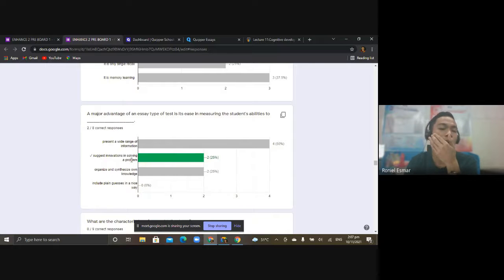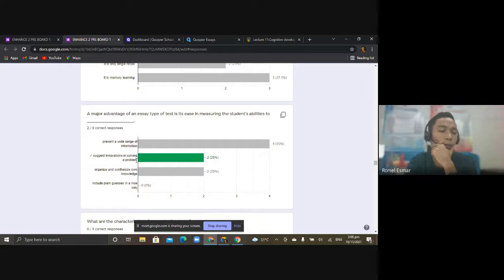If the given essay asks them to provide possible solutions to a given problem, in that way they will be able to conceptualize possible solutions.